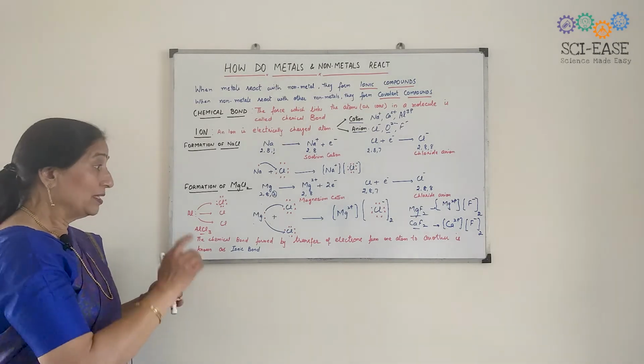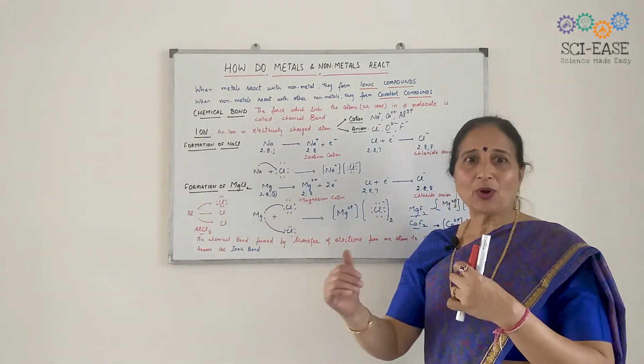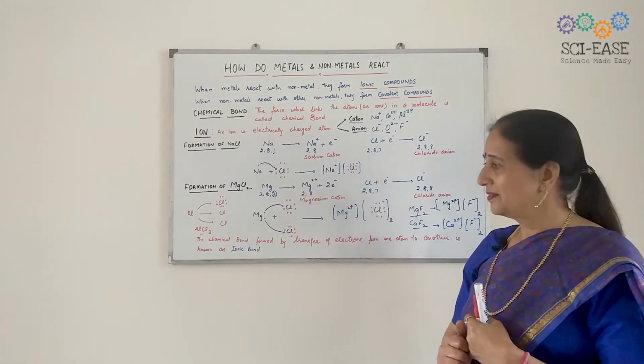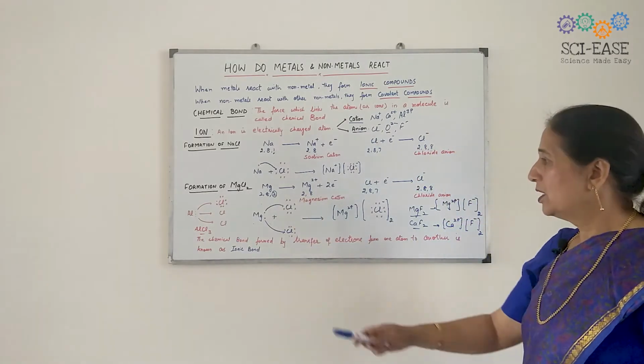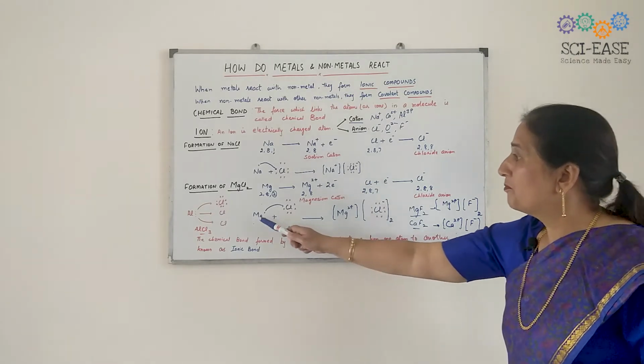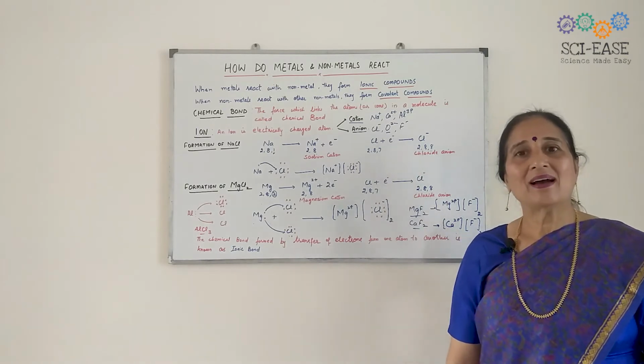So we have deduced the definition of ionic bond from these examples. The chemical bond formed by the transfer of the electrons from one atom to another is known as ionic bond.